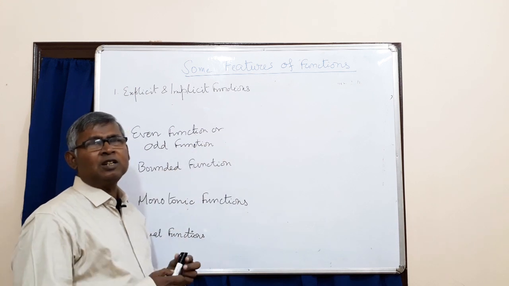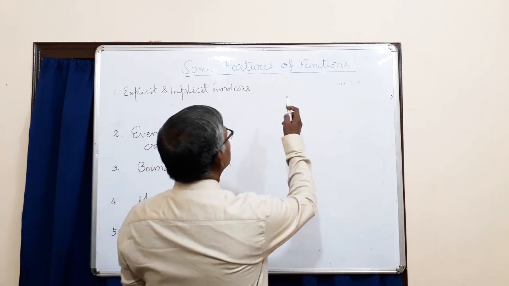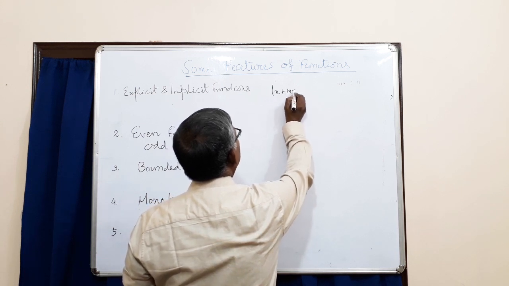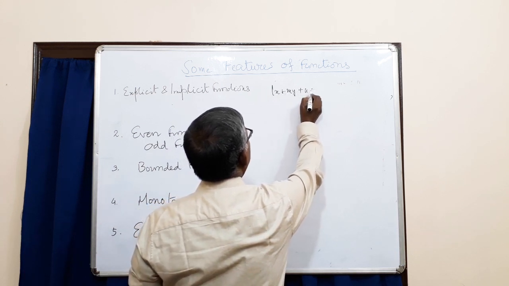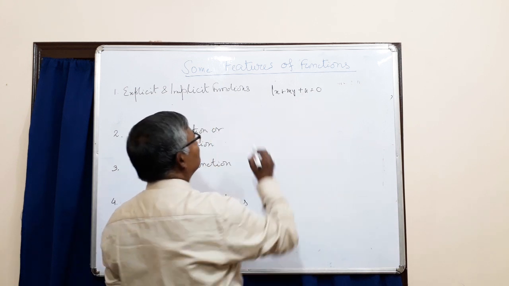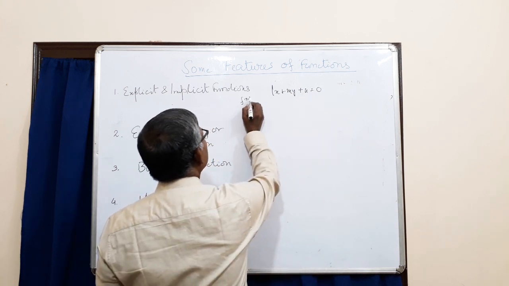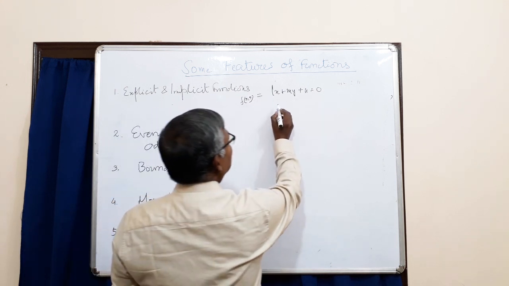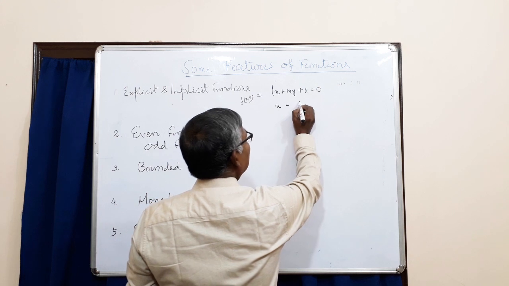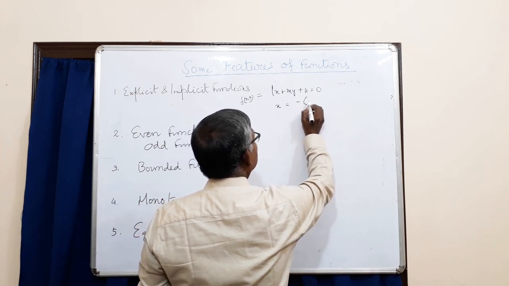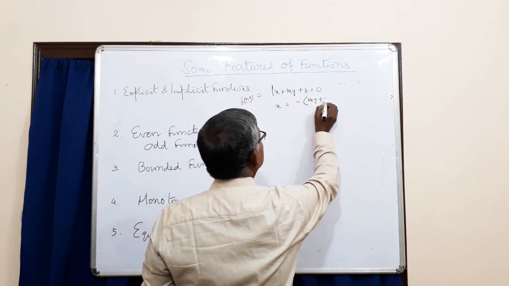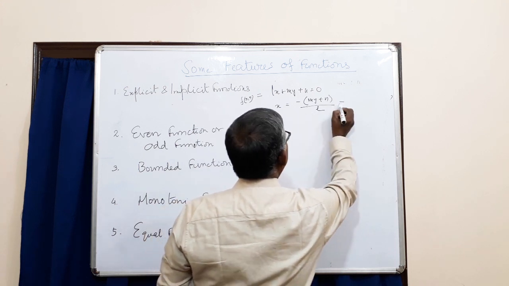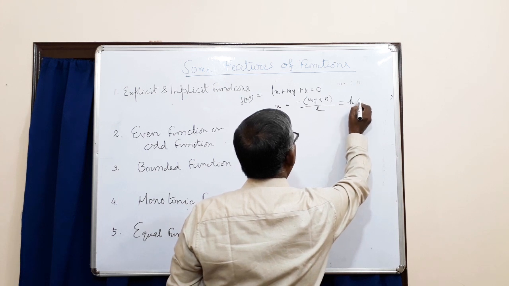What is explicit function? Suppose lx plus my plus n equals c, that is f of x, y of this type. So you can express x in terms of y, plus constant by l, or it may be termed as h of y.